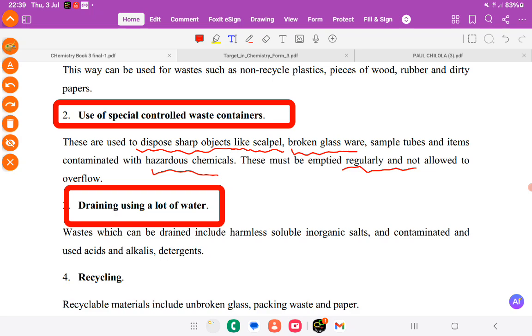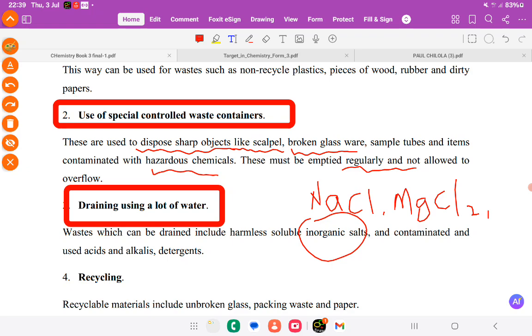So waste which can be drained includes the soluble inorganic salts. All right, soluble inorganic salts. Examples of soluble inorganic salts include sodium chloride, salt, magnesium chloride, and other salts.